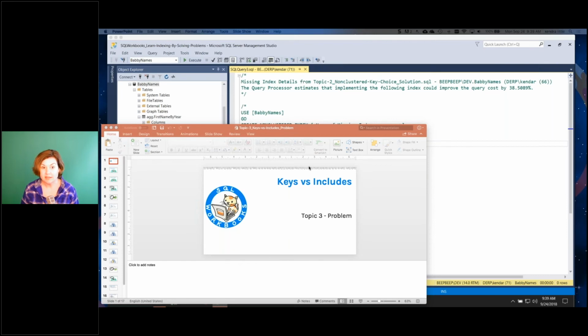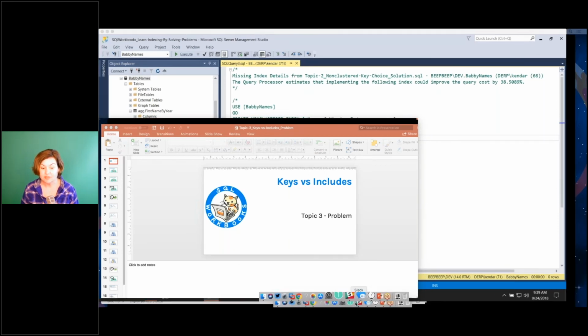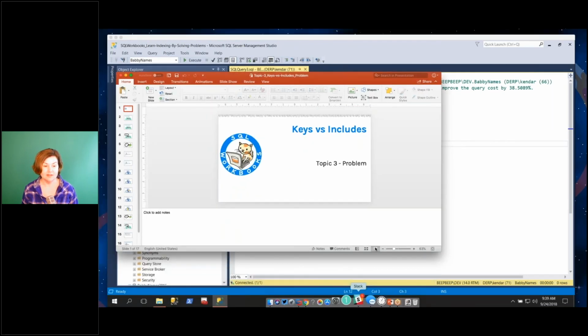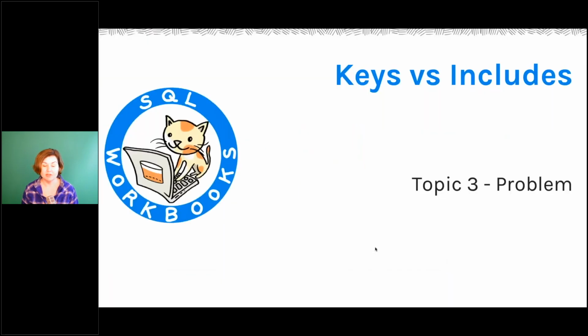Sometimes when you create a narrow non-clustered index, SQL Server decides not to use it. So why can that happen, and how can you get it to use your index?